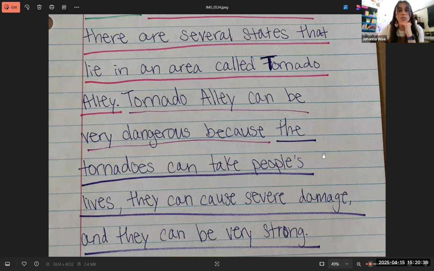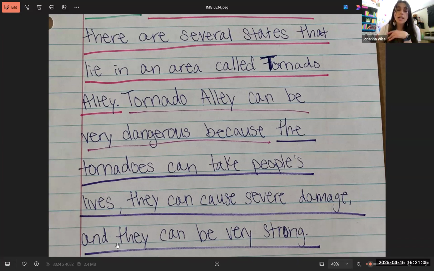So I start by saying the tornadoes can take people's lives. All right, I didn't say dozens or 100. I'll go into more detail on that in my body paragraph, but I just summarized it and said it can take people's lives. Then I said they can cause severe damage. I didn't say it can cause millions of dollars in damage. I just summarized it and said it can cause severe. You know, severe means bad. So I said that it can cause severe damage.